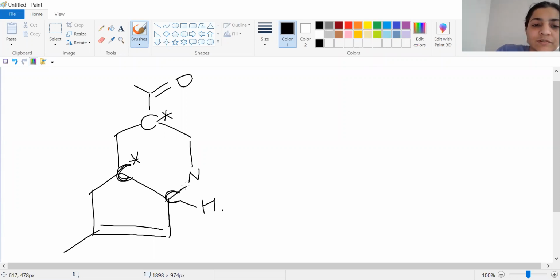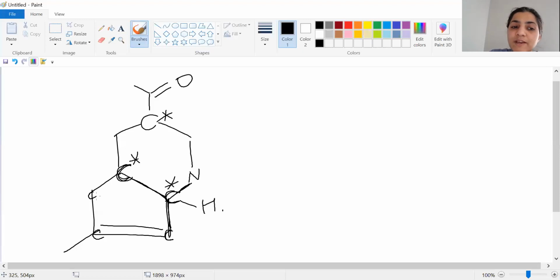There is a hydrogen, there is a nitrogen, there is this bond type, this group also. And all of these groups within the ring can also be different. What about this carbon? This cannot be chiral because it is sp2 hybridized. It cannot be chiral because this is also sp2 hybridized.